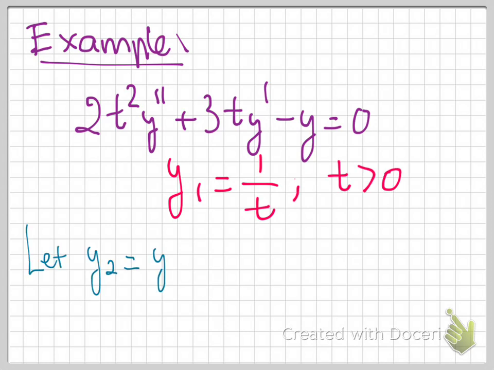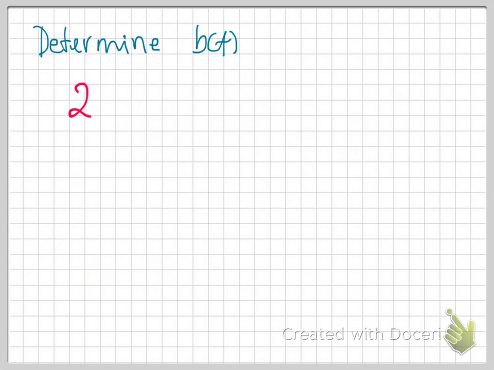We want to find the general solution for the equation 2t² y'' + 3t y' - y = 0, given that one of the solutions is y1 = 1/t, with the condition that t is positive. Following the process, we let y2 = y1 times v, and we let w = v'.